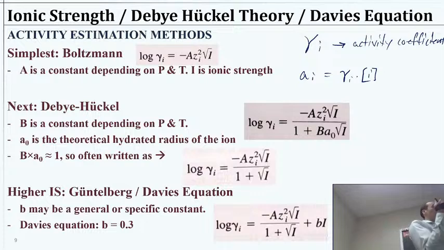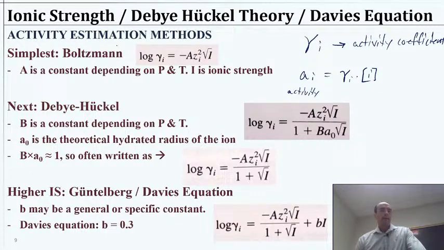So when we see these little gammas, that's the coefficient that would multiply against our molar concentration to give us the total activity, where this A is our activity. Okay, so basically we're just solving for some constant that goes in front of our concentration.